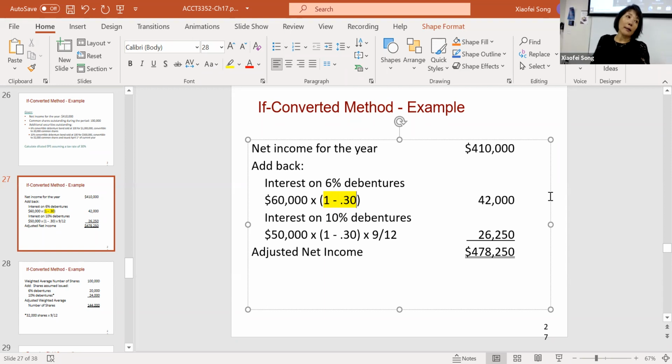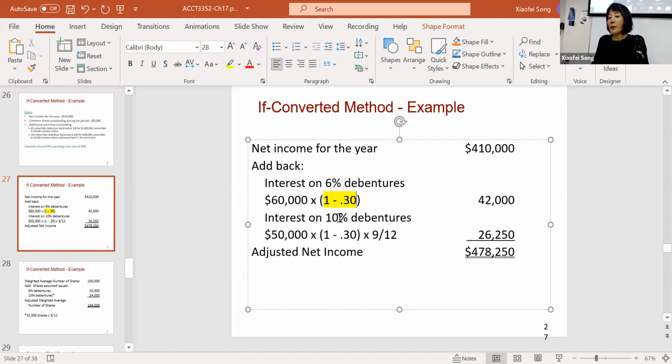So the net impact is this. Now, if this were convertible preferred shares instead of a convertible debenture, we wouldn't need to worry about tax, because the preferred dividend is already an after-tax figure. You only need to adjust for tax when we're talking about interest.